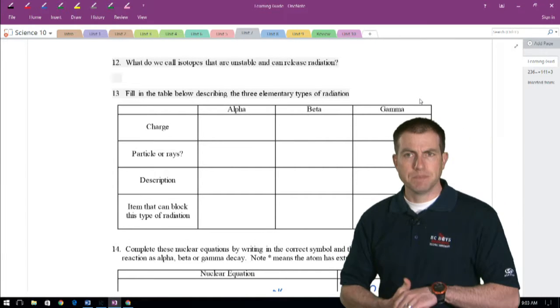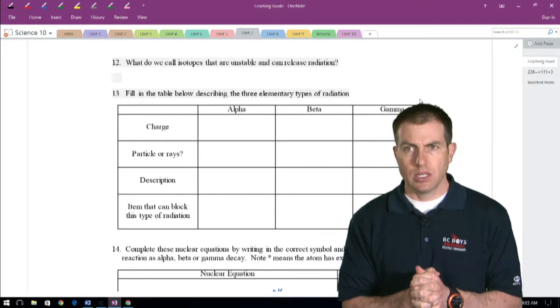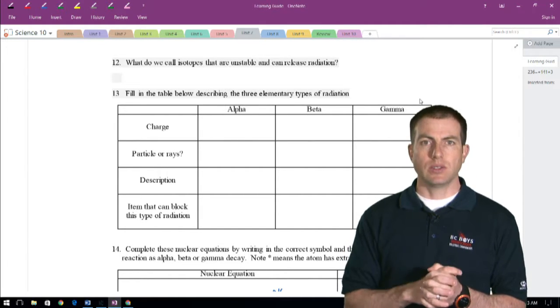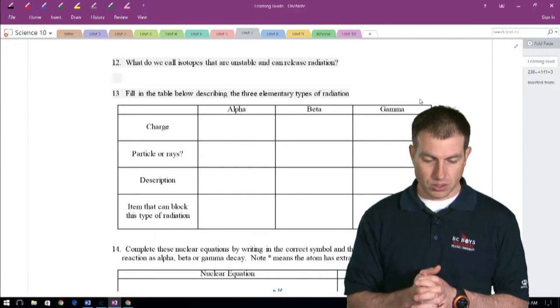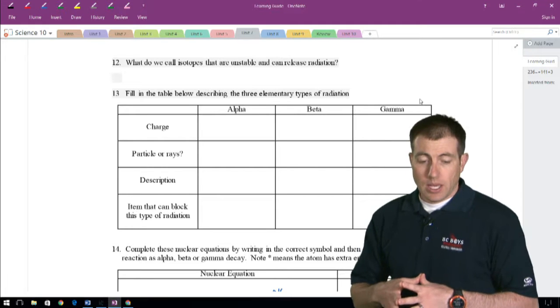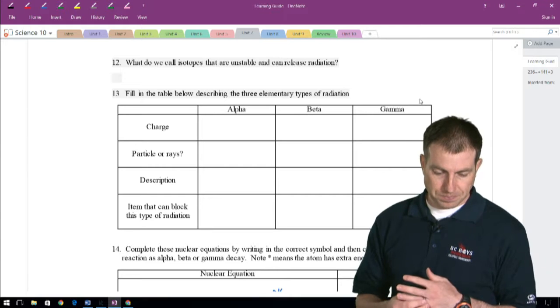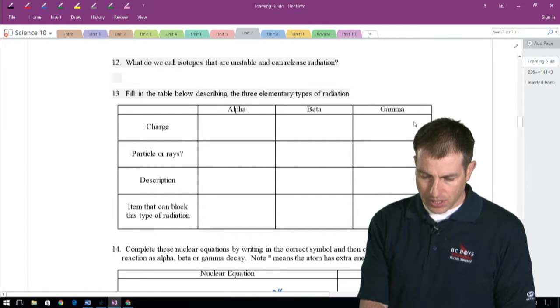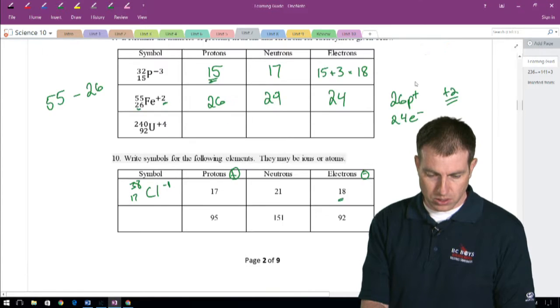This table here, Kyla, is a summary describing the three radioactive decay particles that we talked about last day: alpha, beta, gamma, particles or rays, description, and what can block them. I have a feeling there's a table. Oh, it's not in the learning guide.